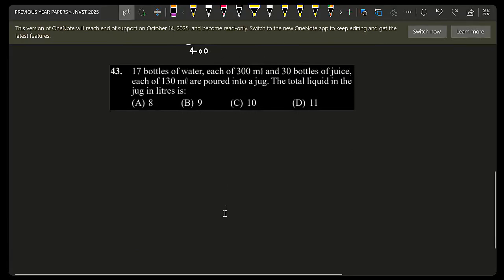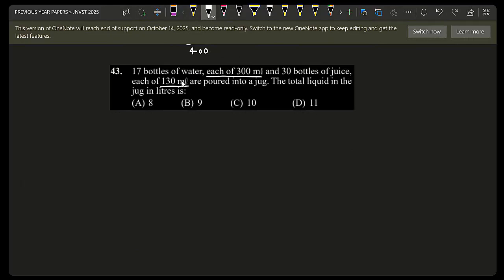17 bottles of water, each of 300 milliliters, and 30 bottles of juice, each of 130 milliliters, are poured into a jug. The total liquid in the jug in liters is... let me read the question again. 17 bottles of water, each of 300 ml. Each means every bottle contains 300 ml. And 30 bottles of juice, each of 130 milliliters, are poured into a jug.